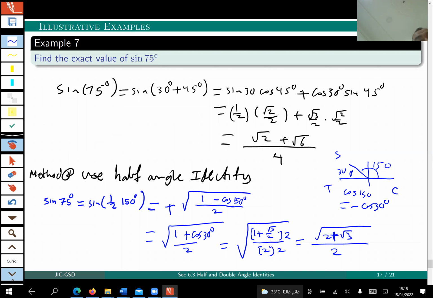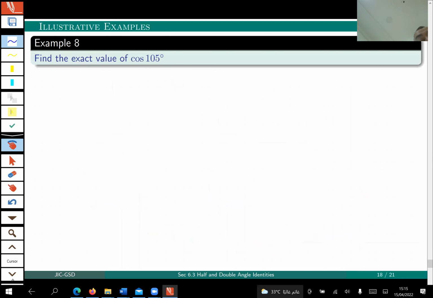Now, let me stick with this one. Again, I have 2 methods.